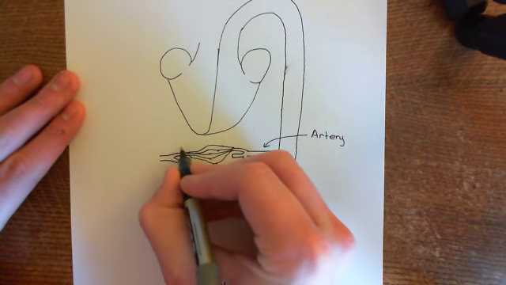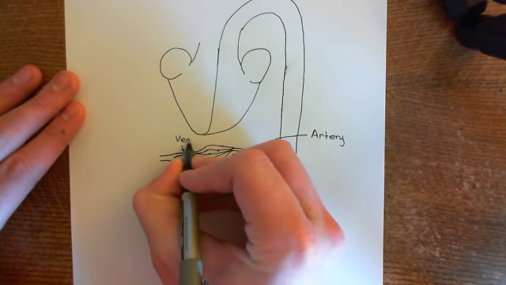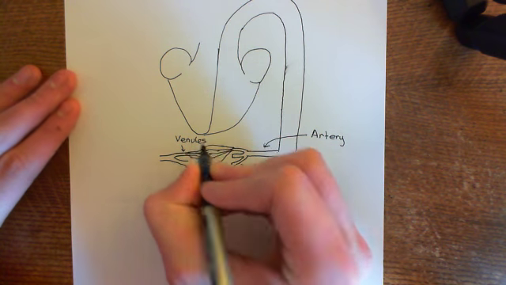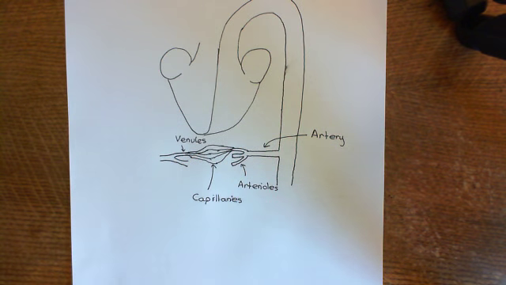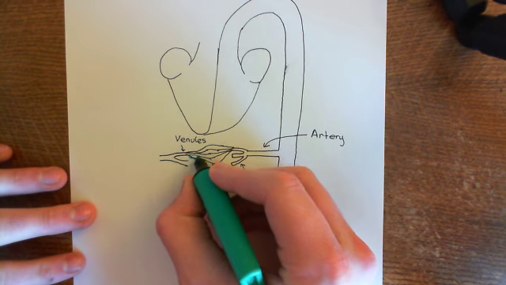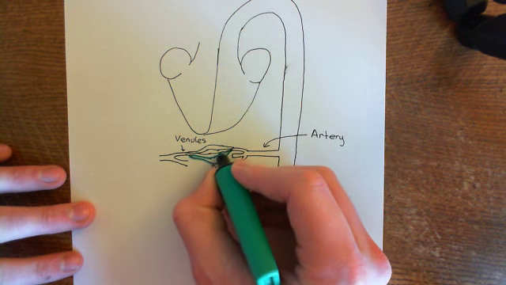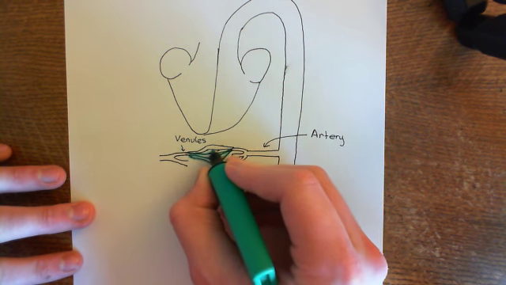Then we have venules, these smaller blood vessels here, and I think I need to get some colour on this to improve it. So we'll have the capillaries in turquoise. You see they're improved markedly now, they've got some colour on them.